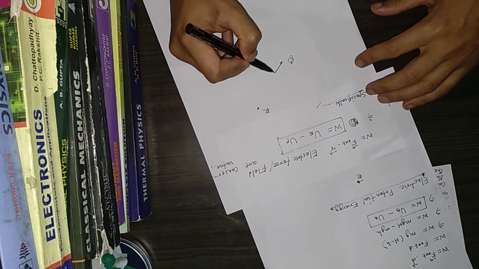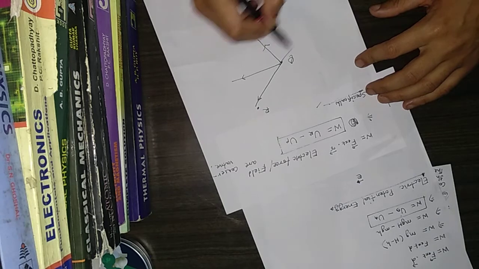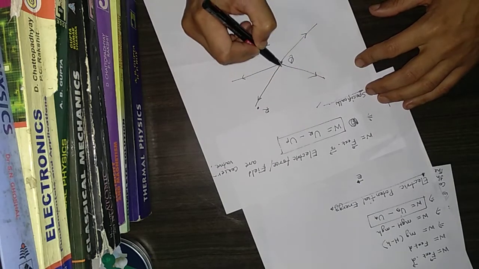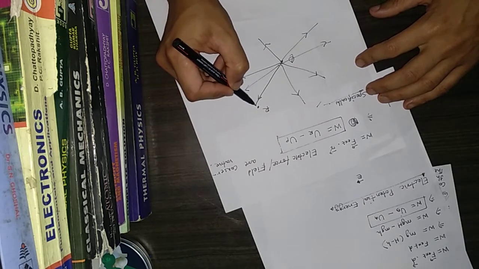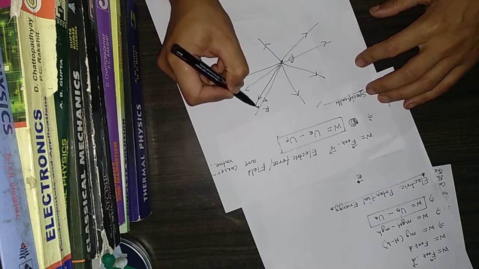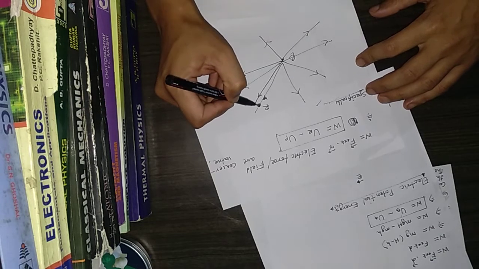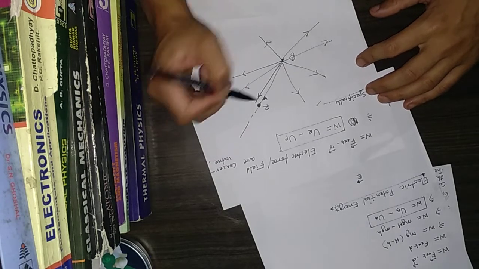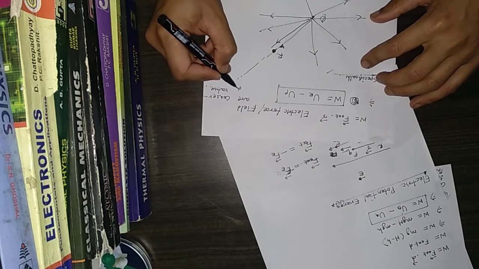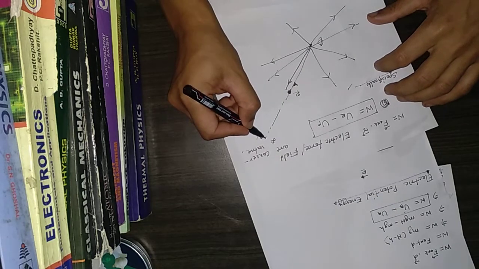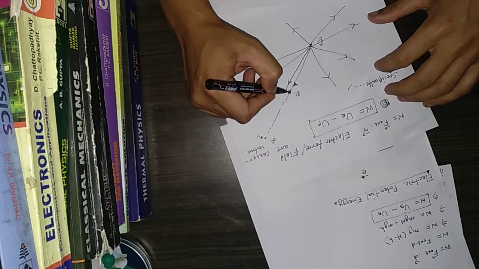Since the electric field of this positive charge is towards this direction, at this point also the fields are outward. That means if there is a positive charge at this point, it will experience a force towards this direction. Now if you are bringing a positive charge Q from infinity to point R, then what will be your work done in this case?